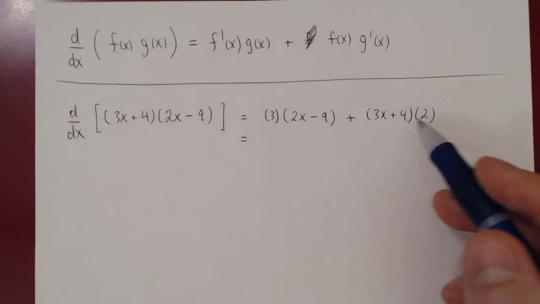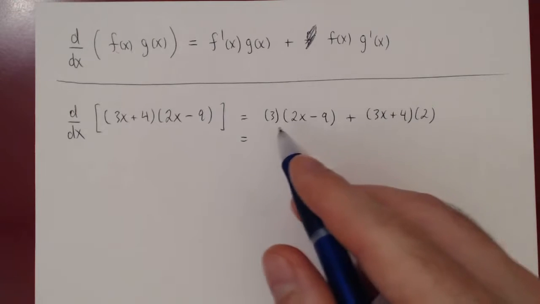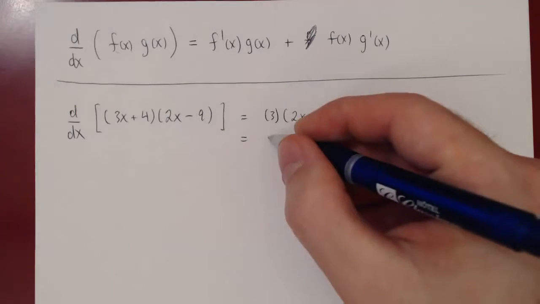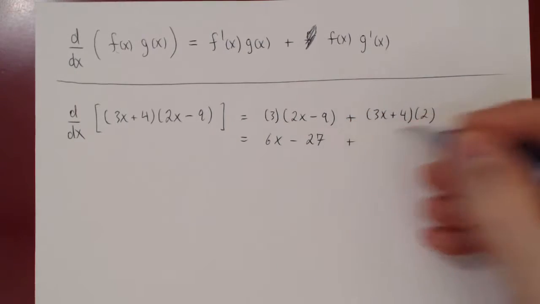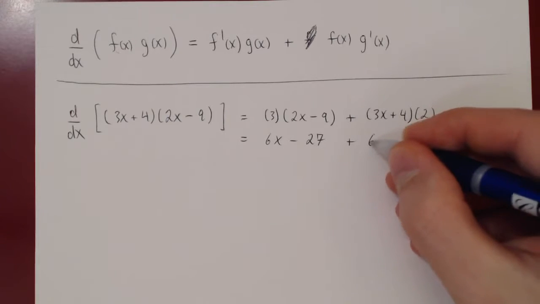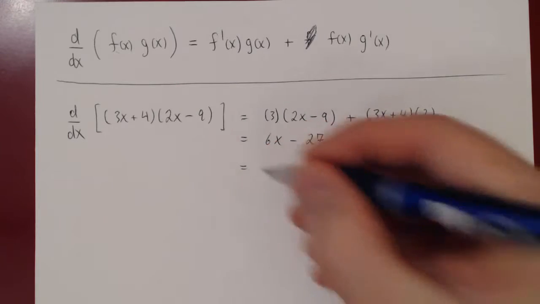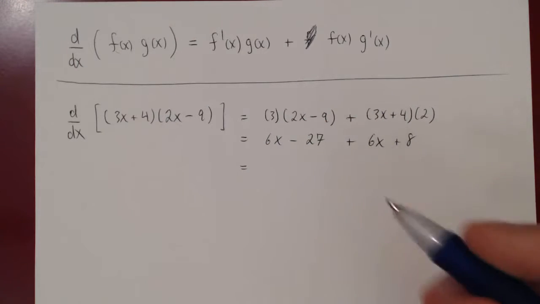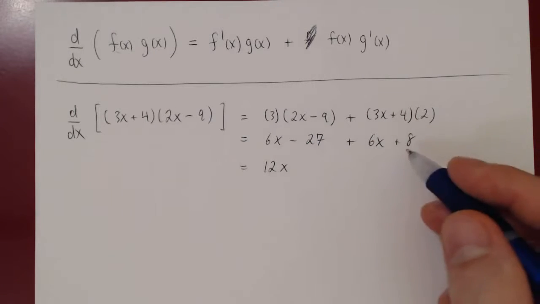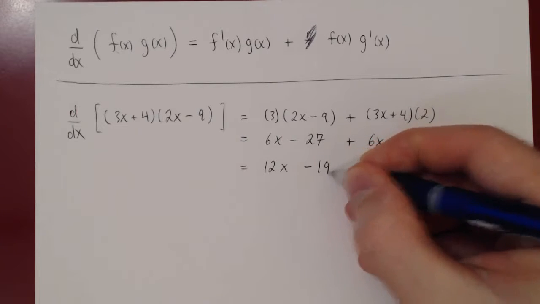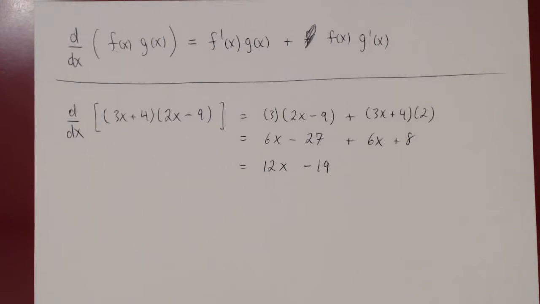If there were common factors, we could pull them out and then multiply the leftover expression, but here there are no common factors, so let's multiply. 3 times 2x is 6x, minus 3 times 9, negative 27, plus 3x times 2, plus 6x, plus 4 times 2, plus 8. So what we have is 6x plus 6x, 12x, minus 27 plus 8, minus 19. And that's the derivative of 3x plus 4 times 2x minus 9.